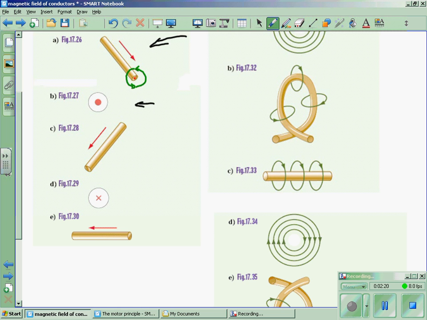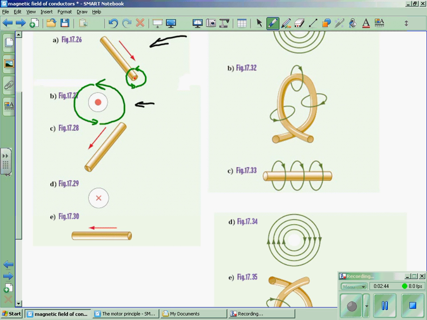So if the current is flowing towards you, I want you to wrap your hand around this wire so that your thumb is pointing directly towards you. And if you wrap your fingers around that wire, you'll notice that once again, the magnetic field that you've just induced is flowing in a counterclockwise direction.